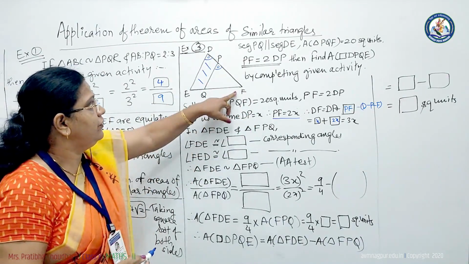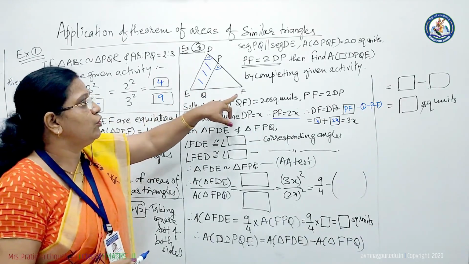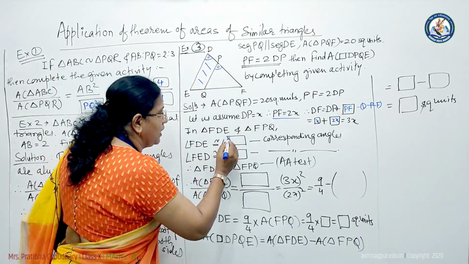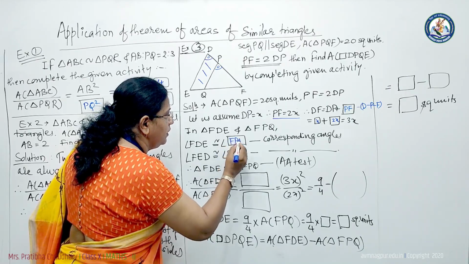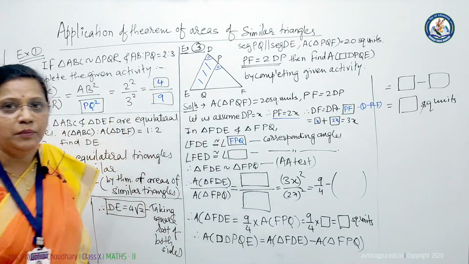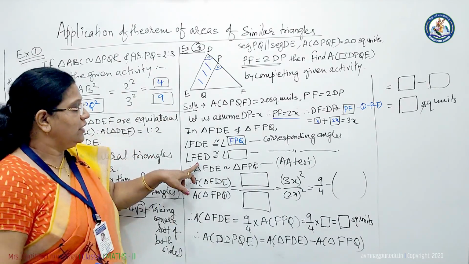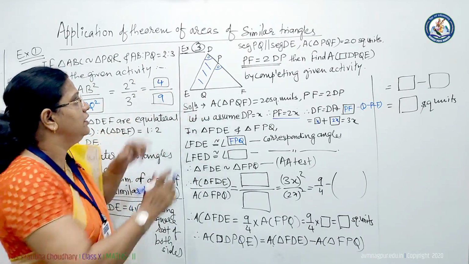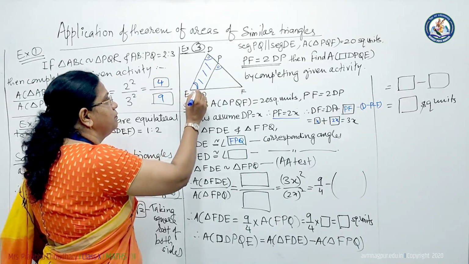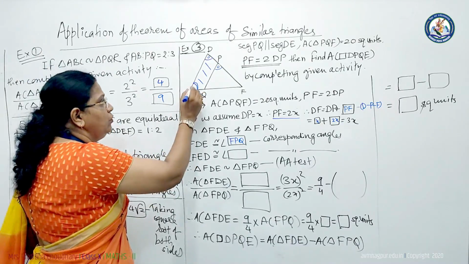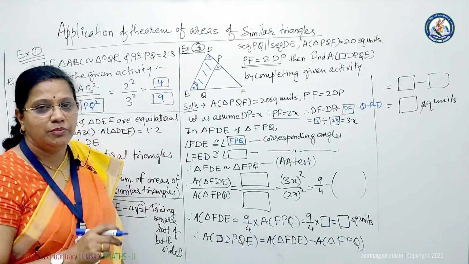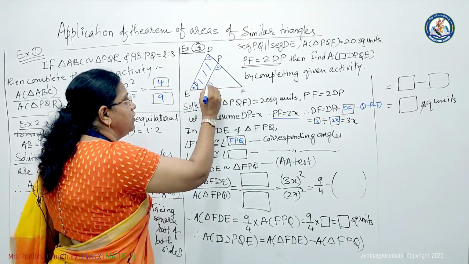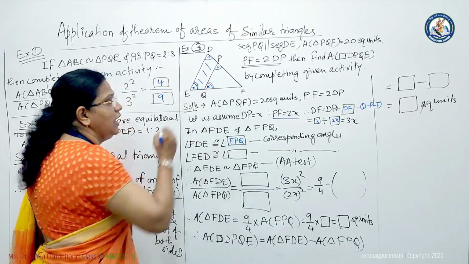So angle FDE is congruent to angle FPQ. Next, the angle FED is given to you. Now to this angle, which angle will be corresponding? Actually EF is the transversal here and these two angles will be corresponding angles.